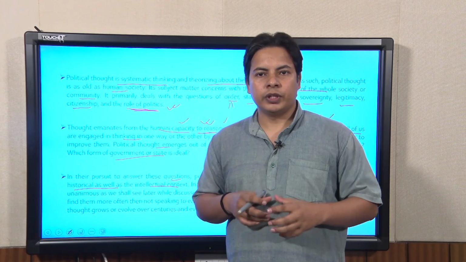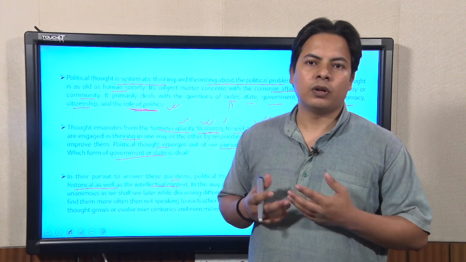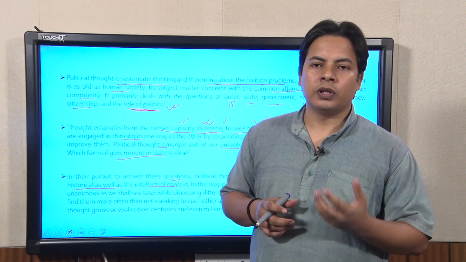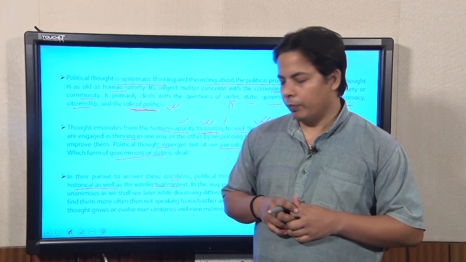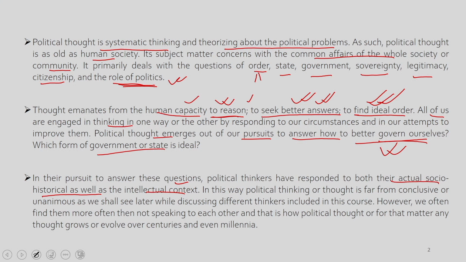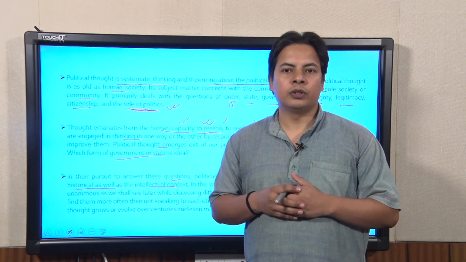not just respond to their own immediate socio-historical context, but also to the intellectual context in which they were writing, reflecting and theorizing about political problems. In this way, political thinking or thought is far from conclusive and unanimous, as we shall see later while discussing the key themes in the many political thinkers included in this course.